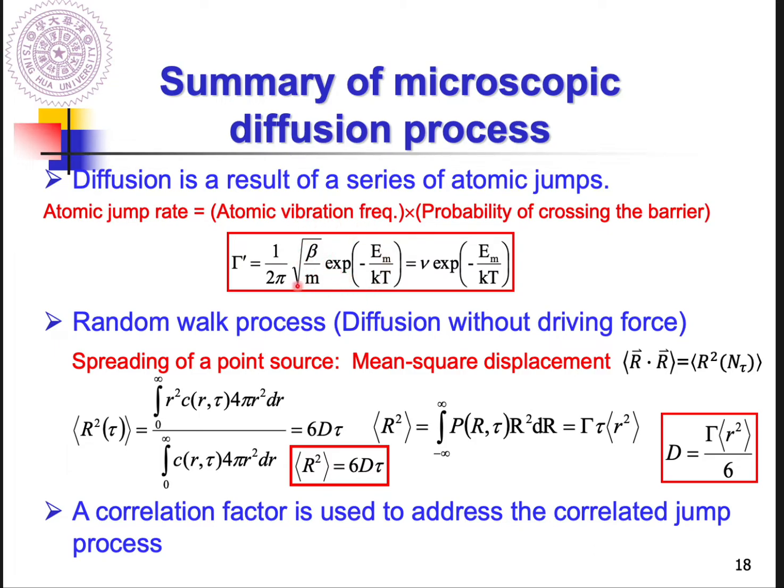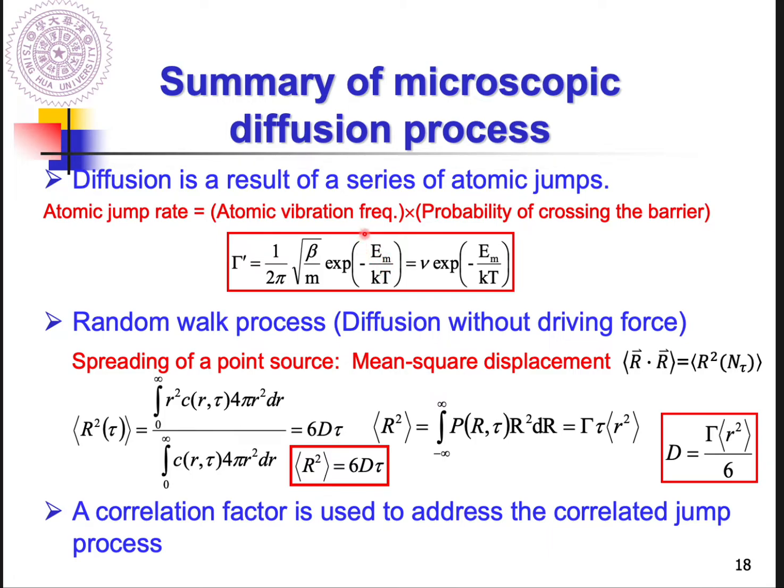The vibration frequency is correlated with the bond strength between atoms, and the reduced mass is the mass of the atoms. The second term, the probability of crossing the barrier, depends on the thermal energy the atoms have.